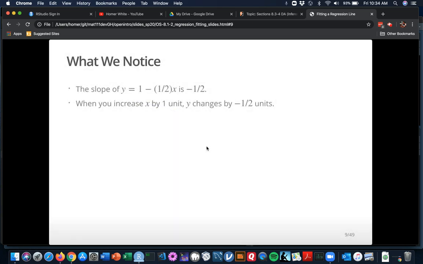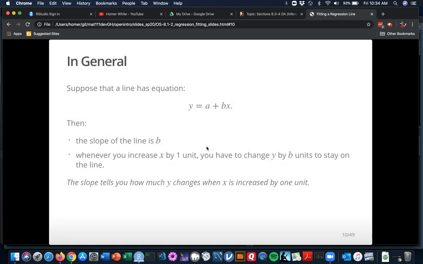So in both cases, what we have noticed is the following. If the slope of the line is some number b in front of the x, then whenever you increase x by 1 unit, you're going to have to change y by b units to stay on the line. I say change because if the slope is positive, you'll have to increase y to stay on the line.